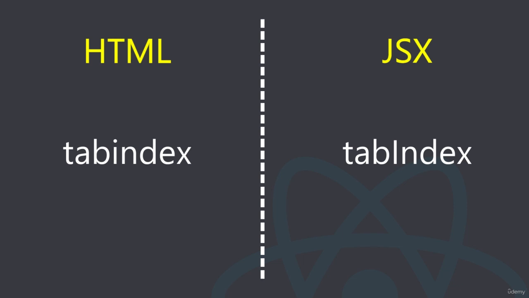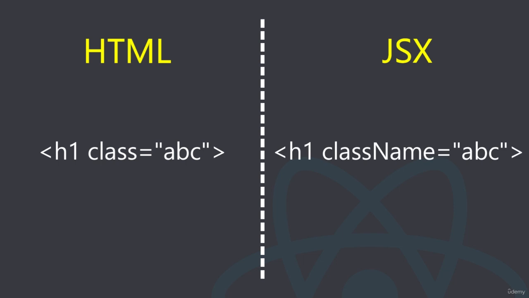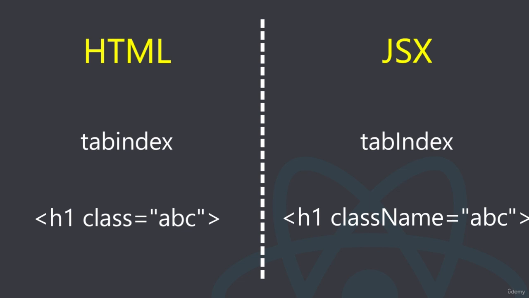So you will say tabIndex. In HTML, we generally use class, whereas in JSX we use className in camel case. So these are a few things which are different compared to HTML. Otherwise, JSX is very similar to the HTML you are writing.